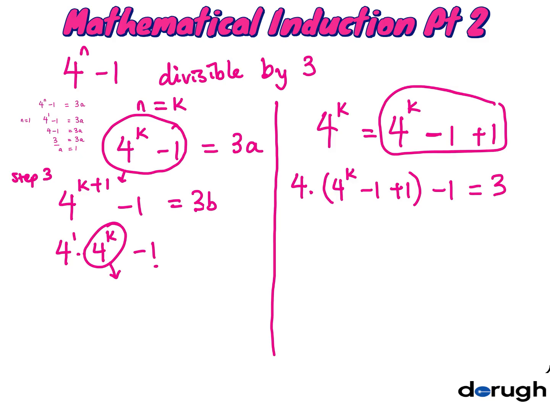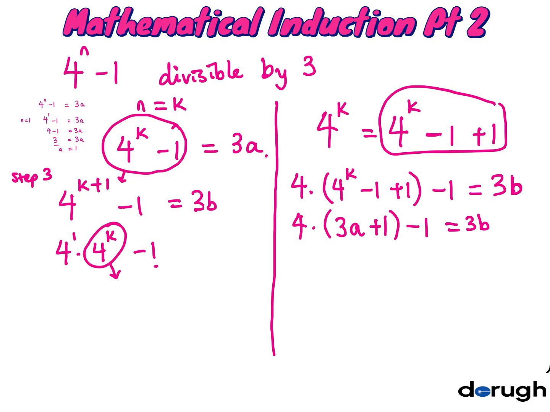So now that we have the 4 power k minus 1, we now replace it with 3a. Okay? We have 4 dot 3a plus 1 minus 1 equals 3b. Remember, this a and b, they just go to show something that is divisible by 3.